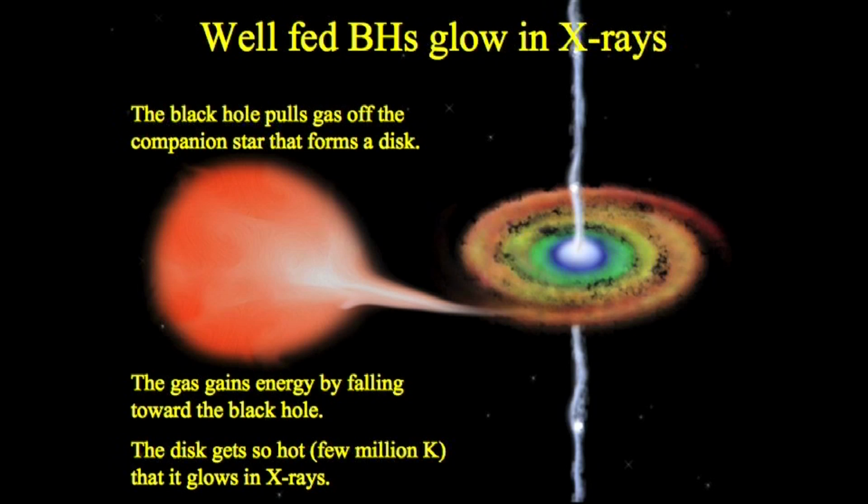Okay? As the gas falls down in towards a black hole, it gains energy. For instance, if I try to break this piece of chalk, will that take energy? Okay. But now I'm going to break the piece of chalk into lots of little pieces. Where'd the energy come from?